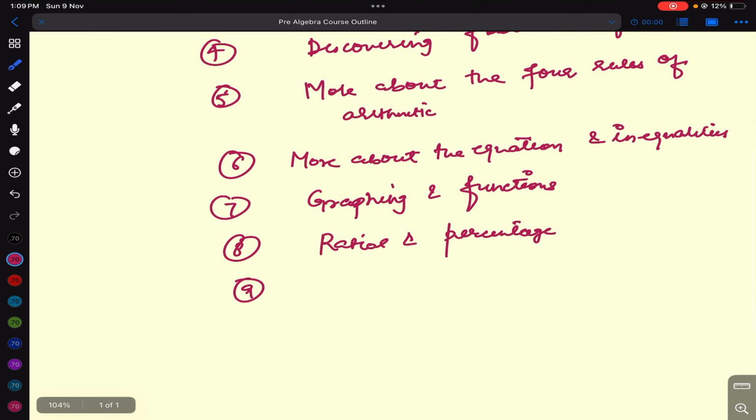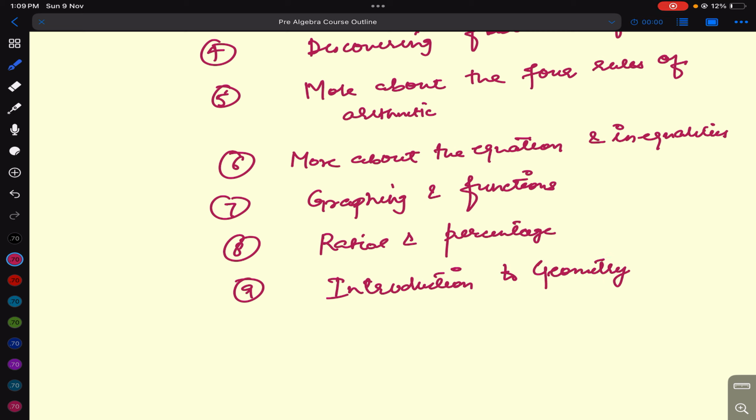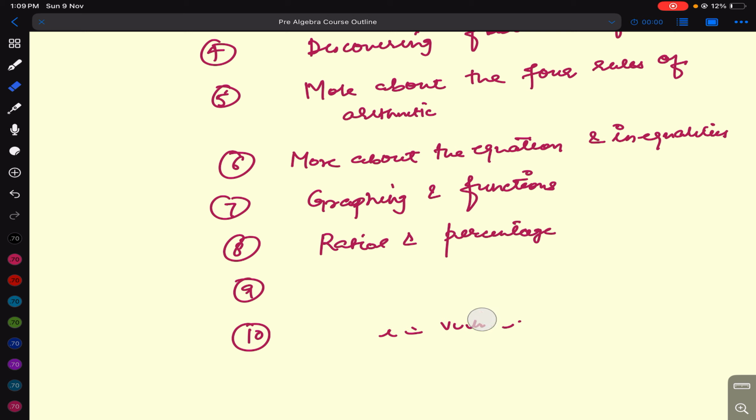Ninth is introduction to geometry. Sorry, I forgot about the probability and stats here. So the ninth would be probability and statistics.